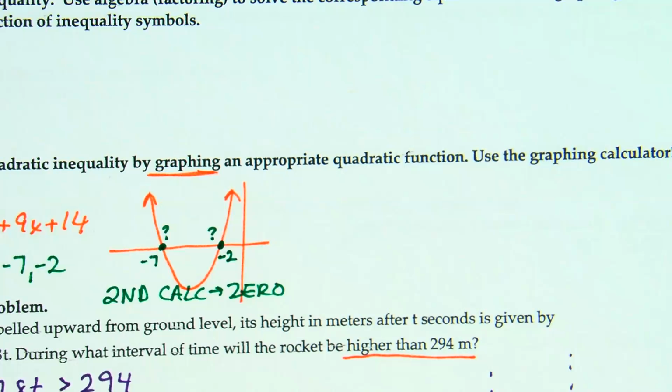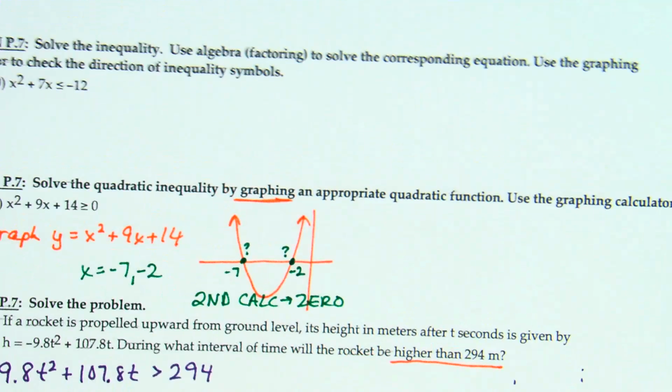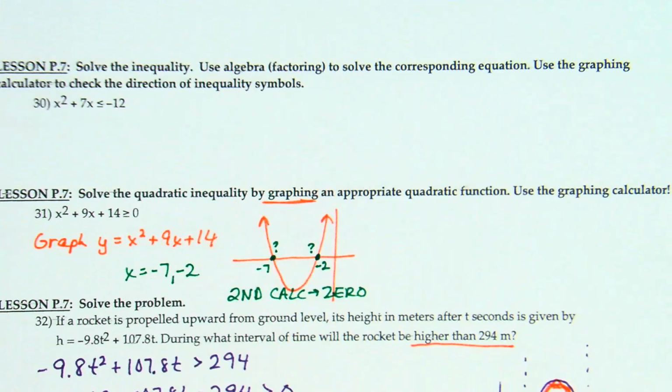Okay. So we know these values right here are -7 and -2. What was this question asking? Solve the quadratic inequality, but specifically what in this particular problem?